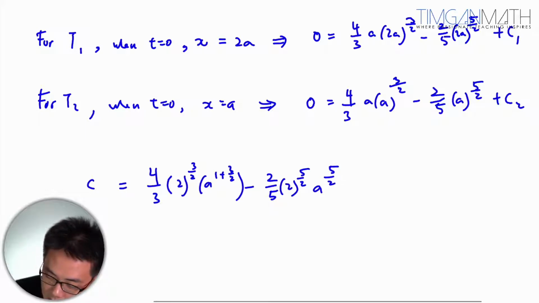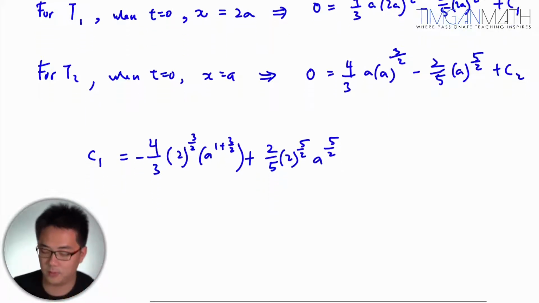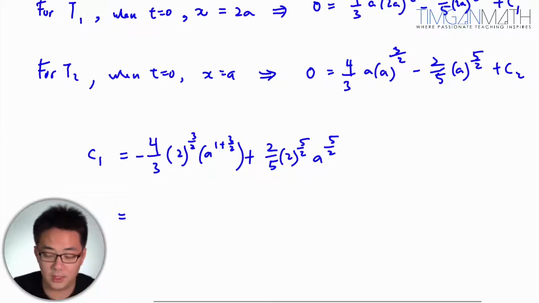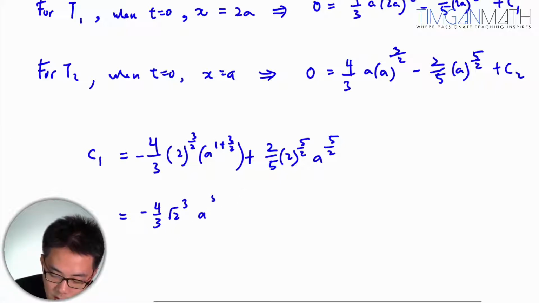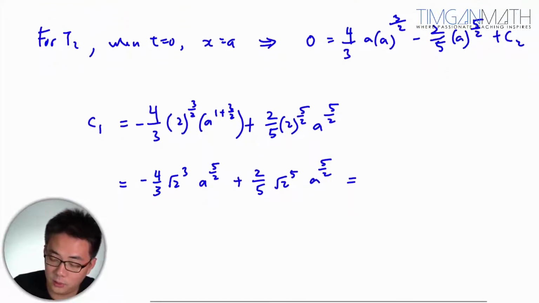So C1 is minus 4 over 3 root 2 to the power of 3, plus 2/5 root 2 to the power of 5, times a to the 5 over 2. Okay, just go slowly.